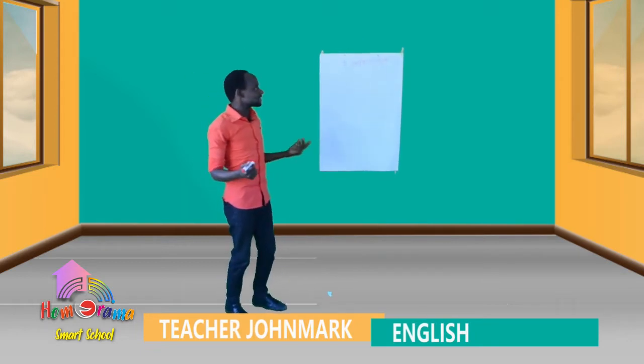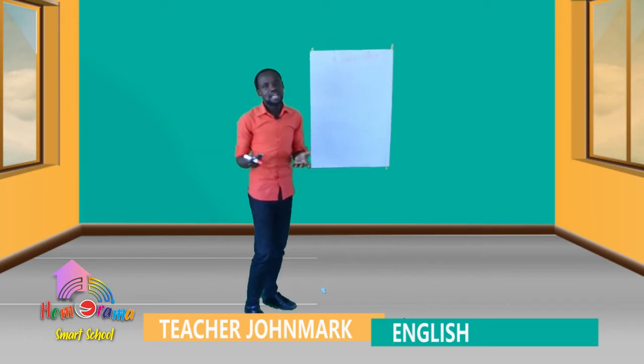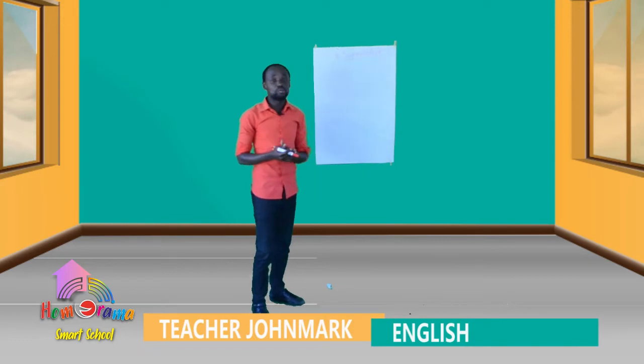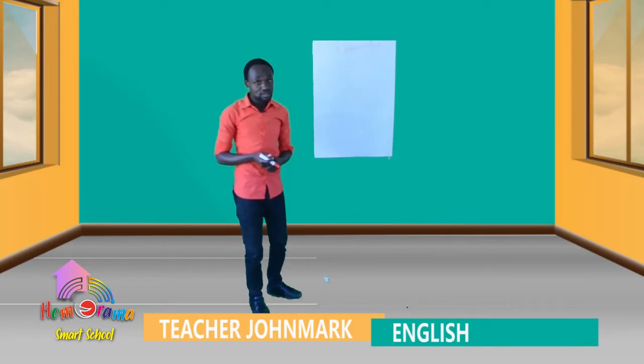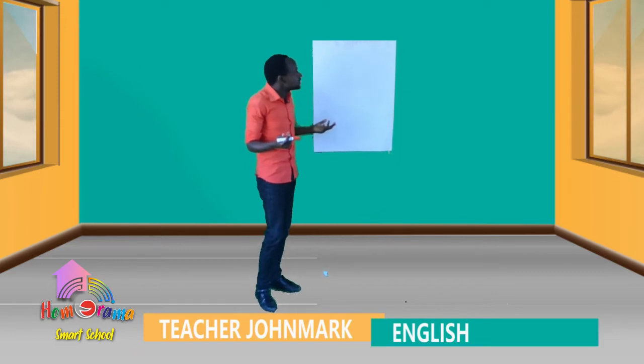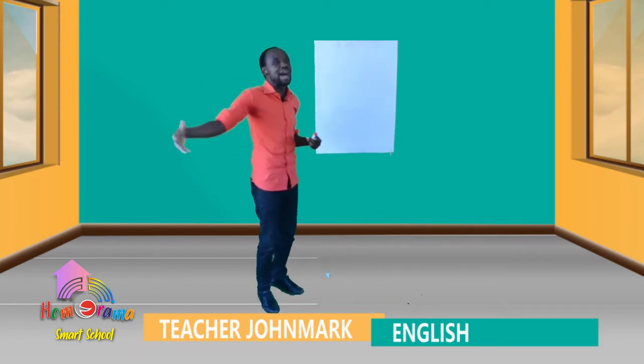Now, learners, having taken you through the positive adjectives and the comparative adjectives, I want us now to look at the superlative adjectives. You might be wondering, what is meant by superlative? Superlative. Something super.